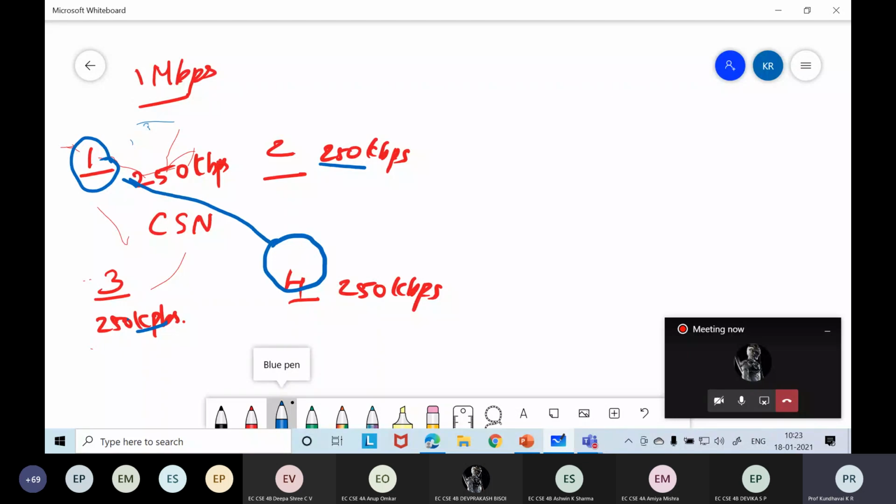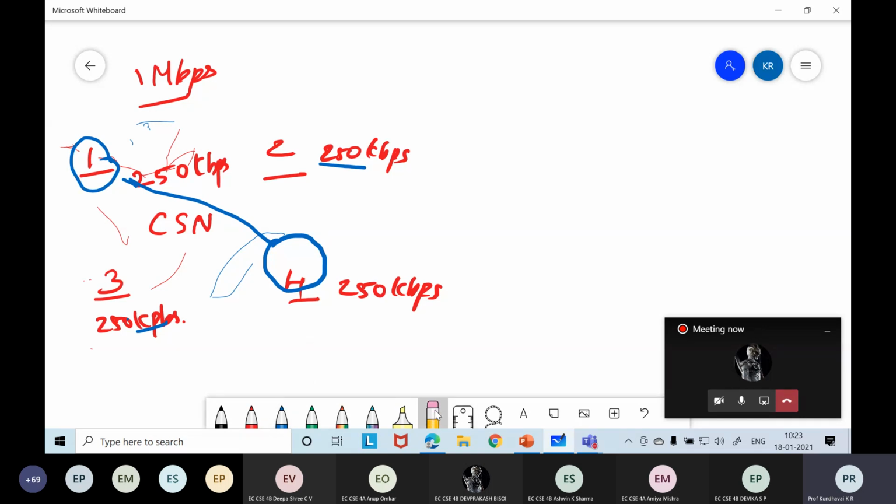So if these two want to talk on a particular network, 1 will have a constant rate of 250, and 4 will have a constant rate of 250. 2 and 3 are not doing anything, so they remain idle. So those 250 kbps will go waste. That's what happens in a circuit switch network.